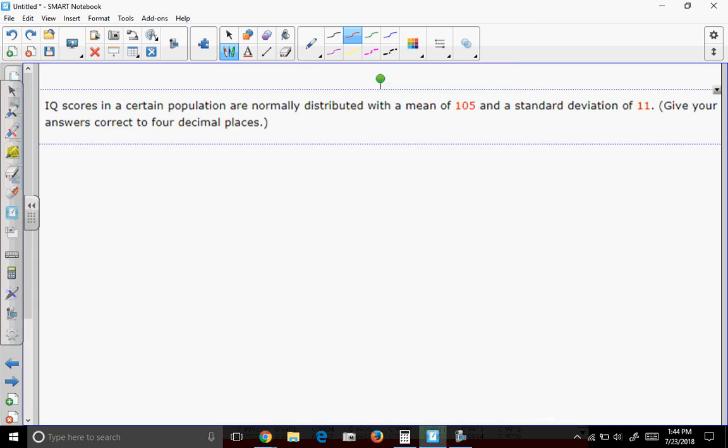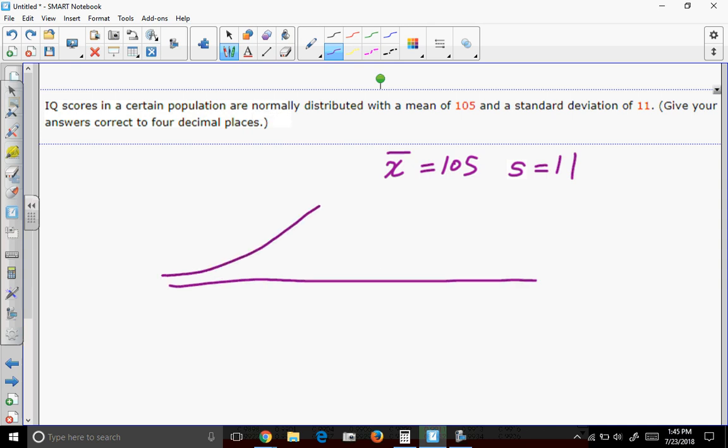All right, it says IQ scores in a certain population have a mean of 105 and a standard deviation of 11. So the mean and the standard deviation of our IQ scores. They say they're normally distributed. So we have a bell-shaped curve.